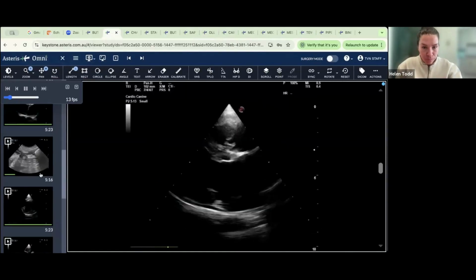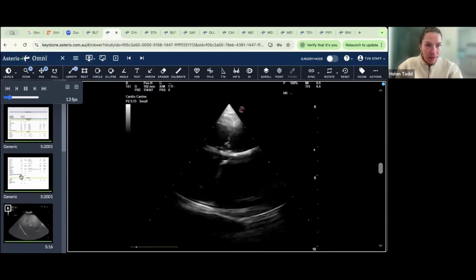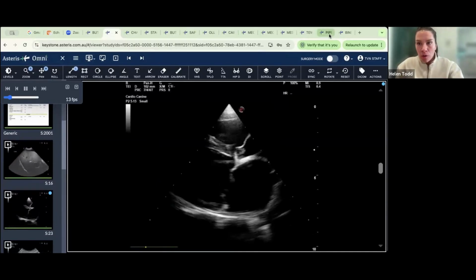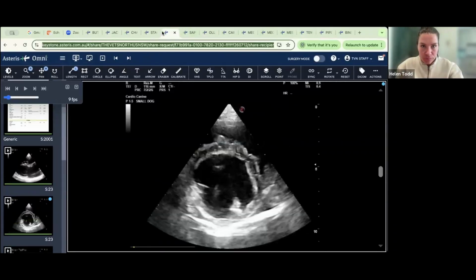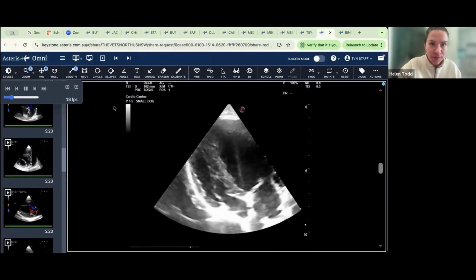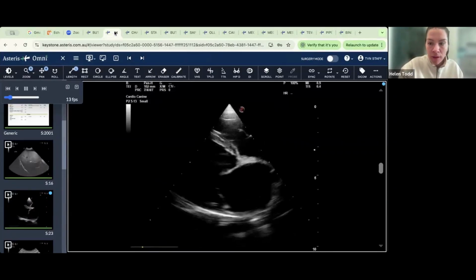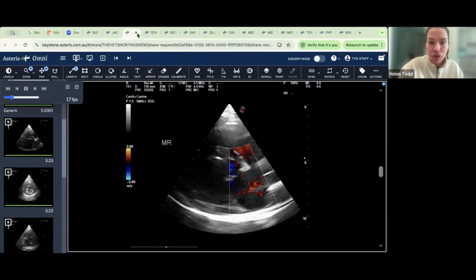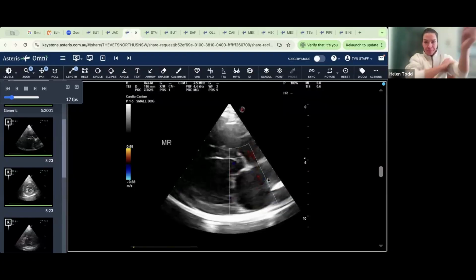And most commonly, we're looking at regurgitation when we've got color flow on.